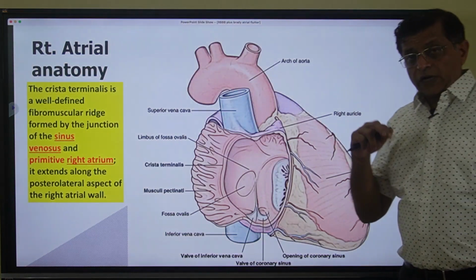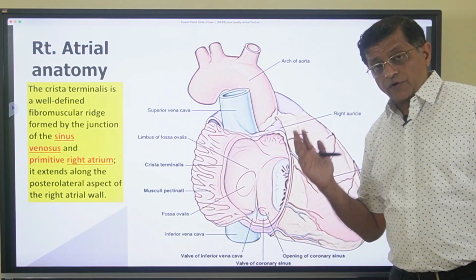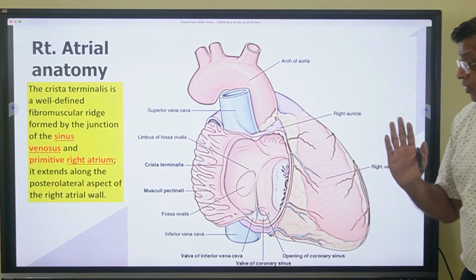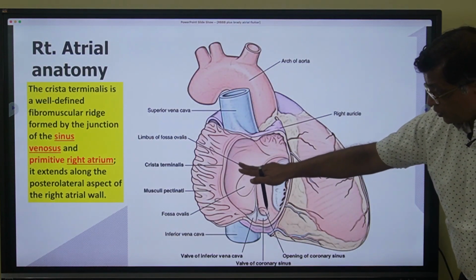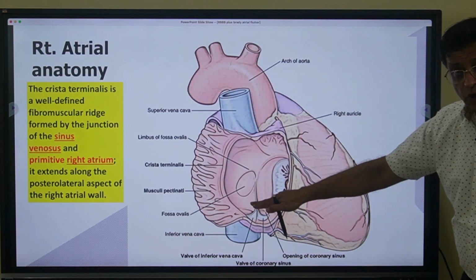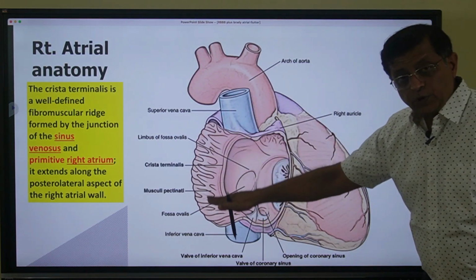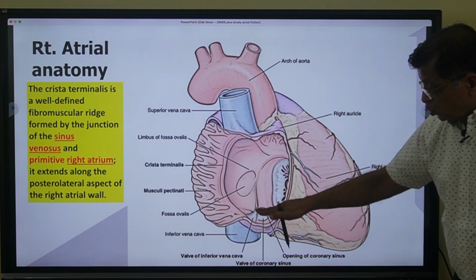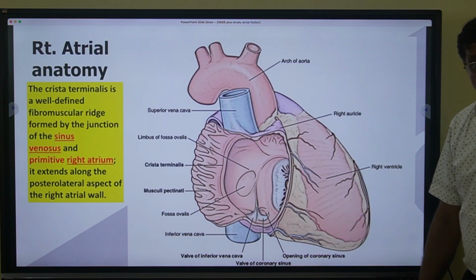To discuss the types of flutter, let's briefly revise the anatomy of the right atrium. The right atrium is formed from two parts. Embryonically, it forms from the sinus venosum and the primitive right atrium. These two parts are separated by a muscular ridge called the crista terminalis.